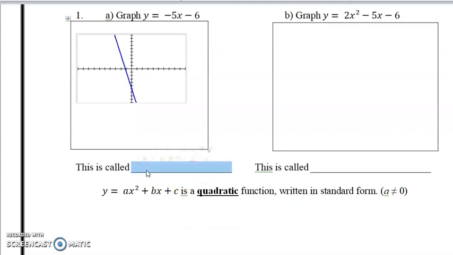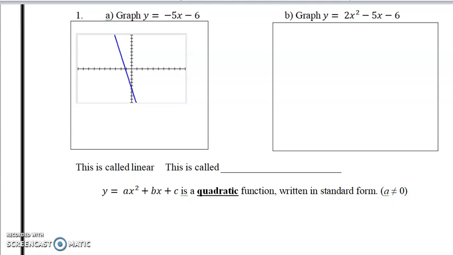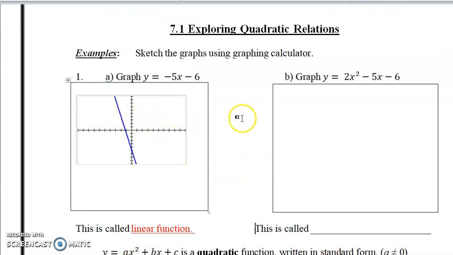So this is called a linear equation, a linear function. We know how to graph that already.